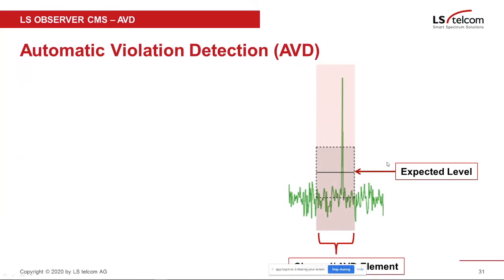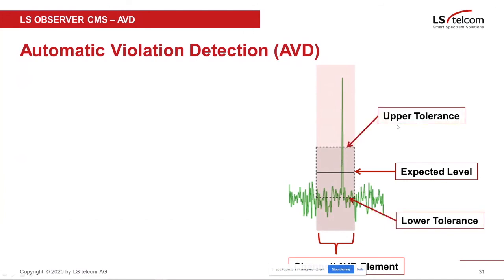Then if you expect a signal, you can define the expected level, so the normal signal level in this channel. And now if the signal exceeds those tolerances, so you can define an upper and lower tolerance where the signal can fluctuate, an alarm will be triggered.